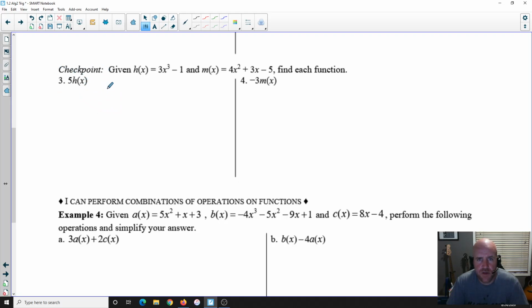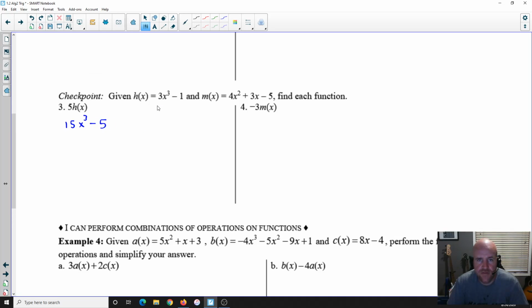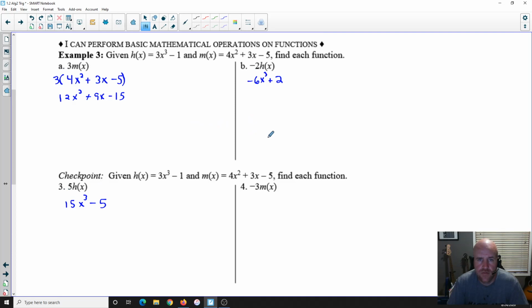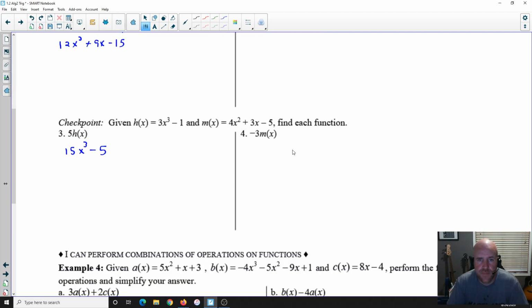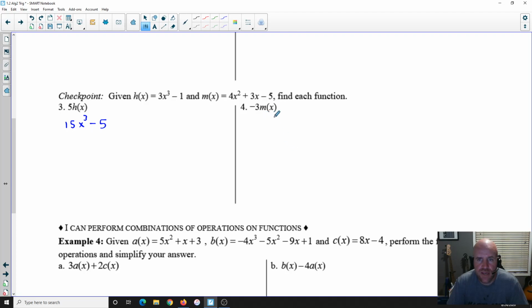So 5 times h. We're just multiplying 5 into all the terms. 5 times 3x cubed is 15x cubed. And then 5 times negative 1 would give us a negative 5. Okay, negative 3 times m of x.